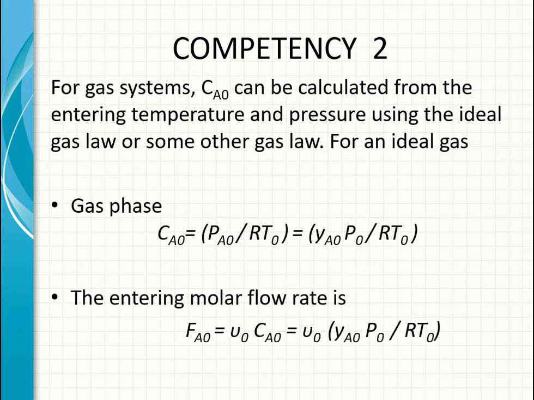For a gas system, Ca0 can be calculated from the entering temperature and pressure using the ideal gas law or some other gas law. For an ideal gas in the gas phase, Ca0 will be Pa0, which is the partial pressure of A, divided by the gas constant R times the temperature T0.